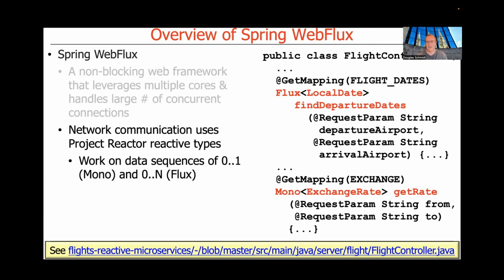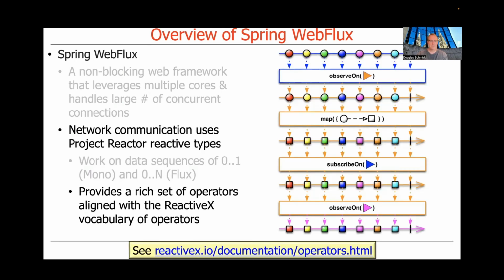And in this context, there's a method called getRate as an example, and we give it a string that corresponds to the currency that we're converting from and the currency we're converting to, and it gives us back a mono. And when that result is ready, then we get essentially notified and the result will emit. So both of these mechanisms, monos and fluxes, give us ways of being able to get back essentially a future that will emit the results when they are produced by the server.